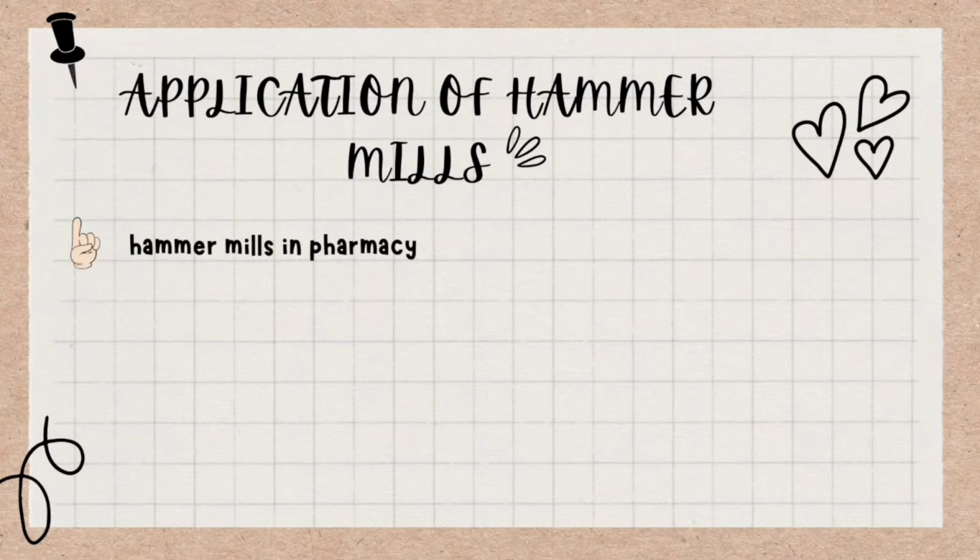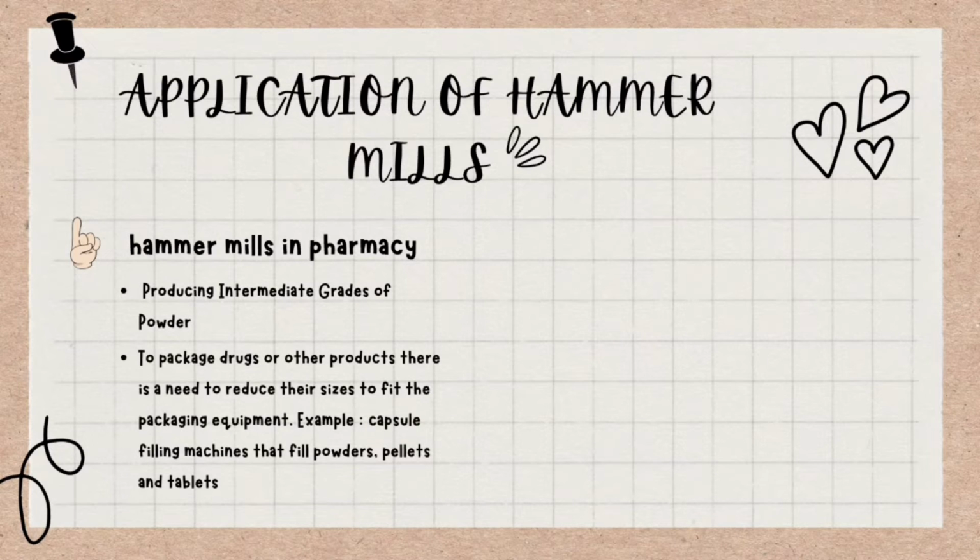Hammer mills in pharmacy. First, producing intermediate grades of powder. Second, to package drugs or other products, there is a need to reduce their sizes to fit the packaging equipment. As an example, capsule filling machines that fill powders, pellets, and tablets.